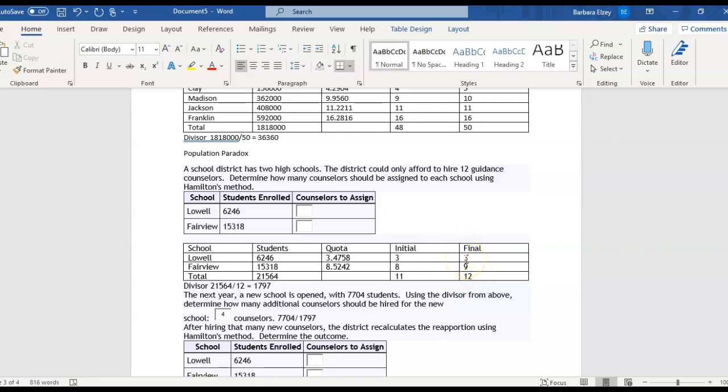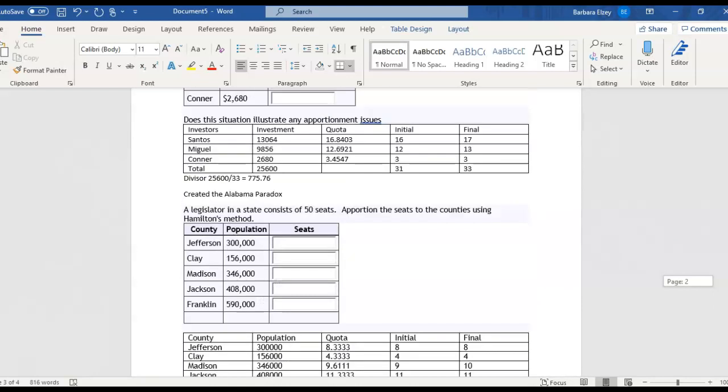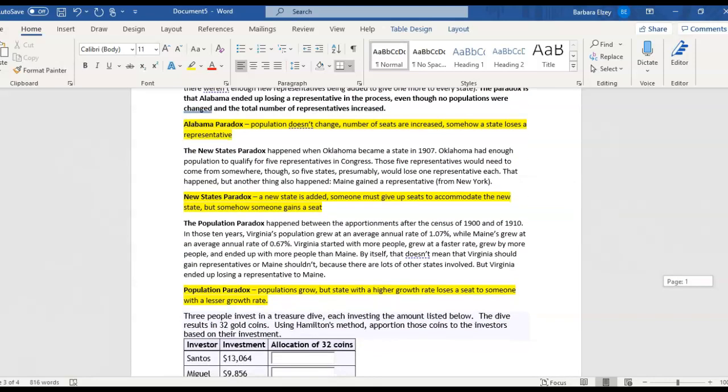Well, that shouldn't be happening because all we did was add another school and we added additional counselors to make up for that. So that is a paradox. Let's see which paradox it is. And we can guess, since I've done 2 examples already of paradoxes, that it is a new states paradox. We added a new state. In this case, it was a new school.